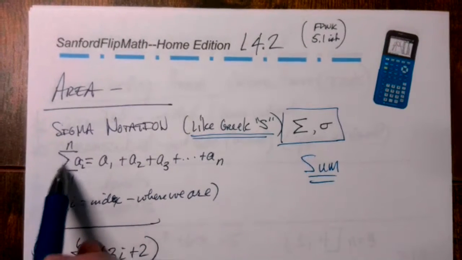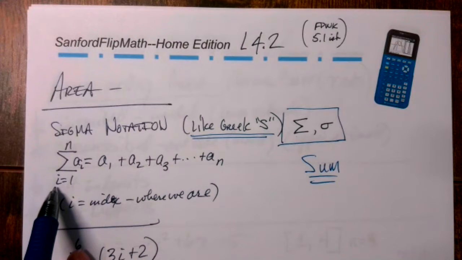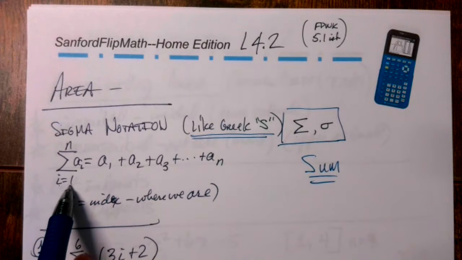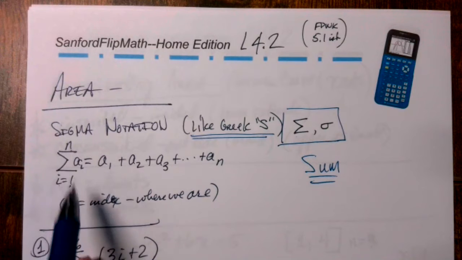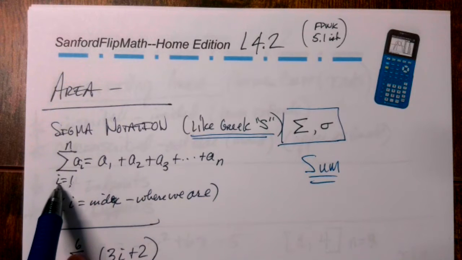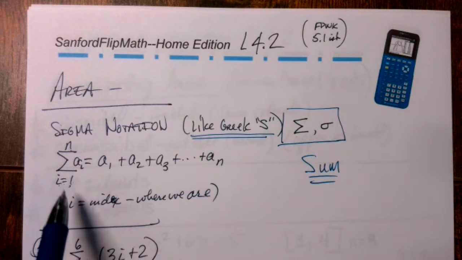So we have this sigma here. This tells us we're going to index. That i is an index. We're going to index from the first term to the nth term, and all the way through we substitute in i values. Now, this could be a different letter, could be j, could be k. Those are the common go-tos, i, j, k. Could be any letter, but it's usually one of those three.